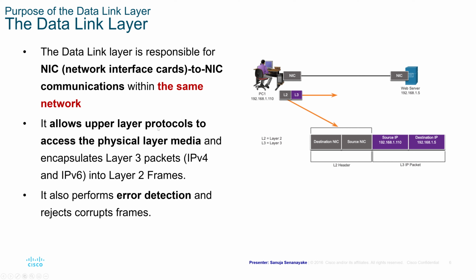It allows upper layer protocols to access the physical layer media and encapsulate layer 3 packets, which are IPv4 and IPv6 packets, into layer 2 frames. It also performs error detection, as I mentioned before, and rejects corrupt frames so that the data can be received from the other end with all the information needed to communicate.